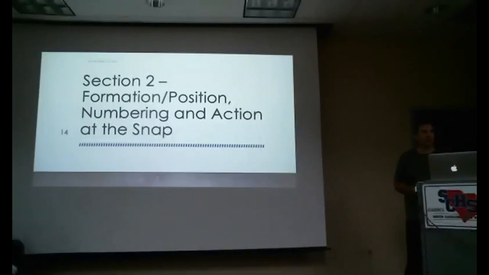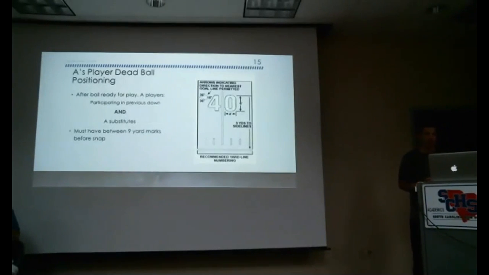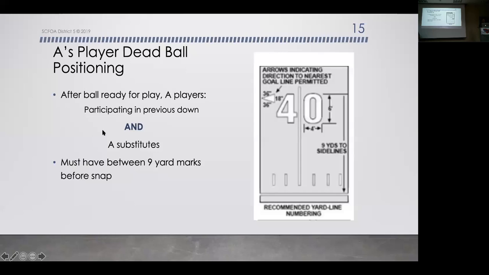All right. So section 2 talks about formation, position, numbering, action at the snap. So positioning. A has some limitations here. After the ball is ready for play, all of A's players participating in the previous down and substitutes must be between the 9-yard marks before the snap.